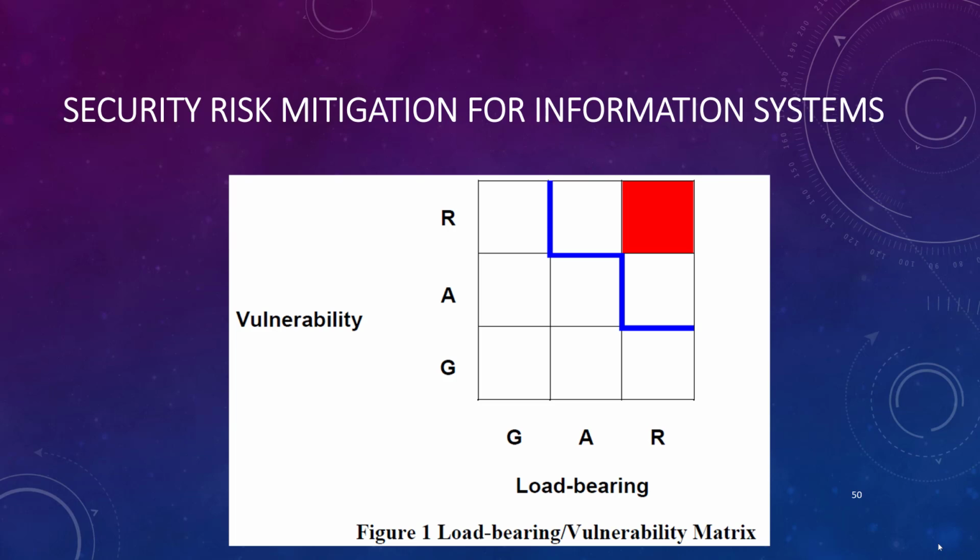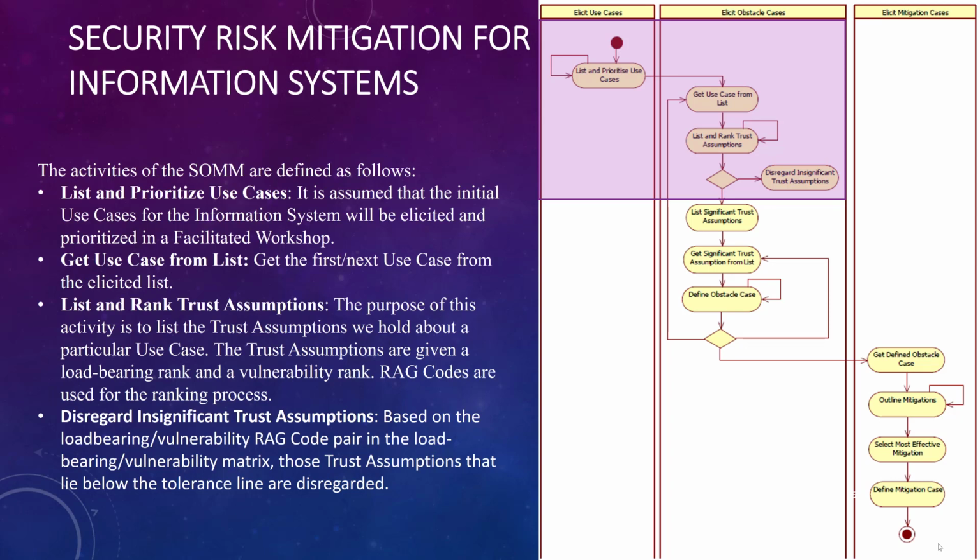All right, well, this all looks good theoretically. Let's actually go in and look at how this works at a conceptual level. Then we're getting into a very explicit example that the article talks about. So we're working with that kind of purplish top part of the chart. We're going to start off by eliciting use cases and list and prioritize those use cases.